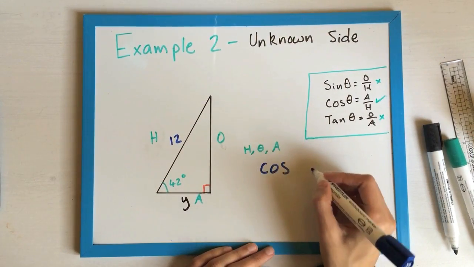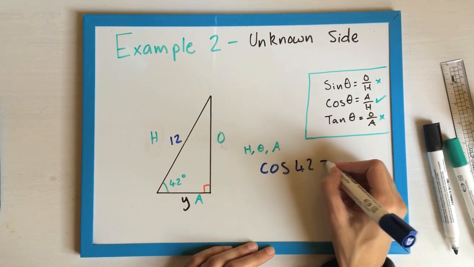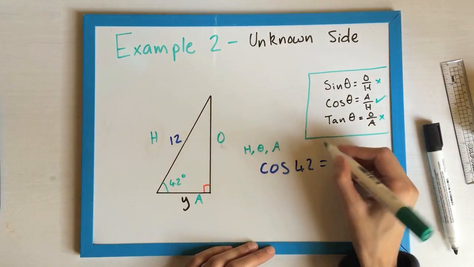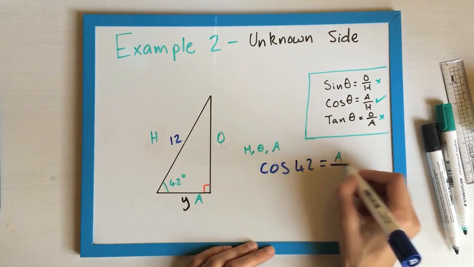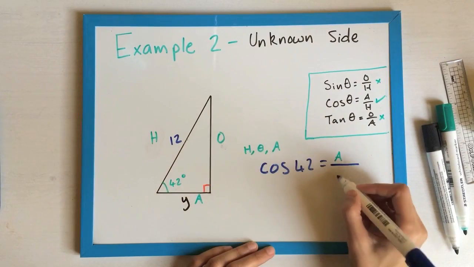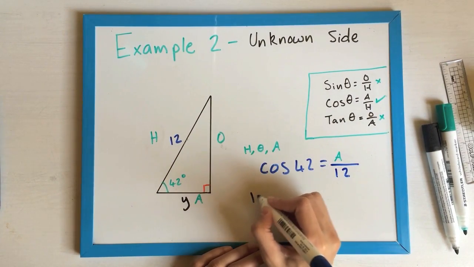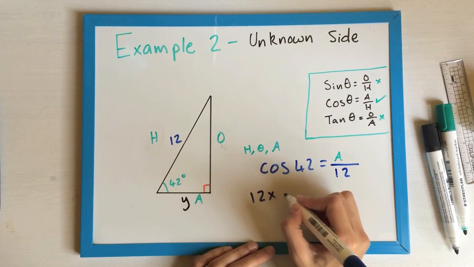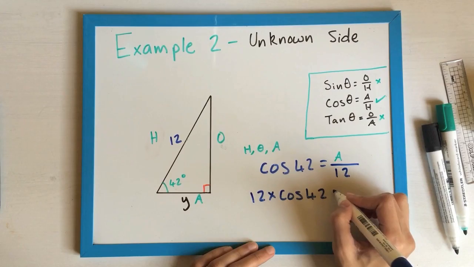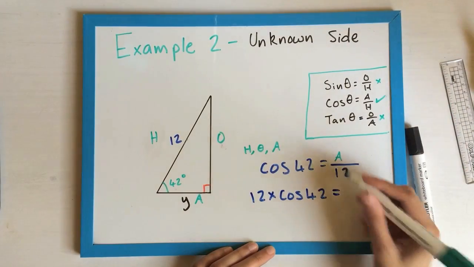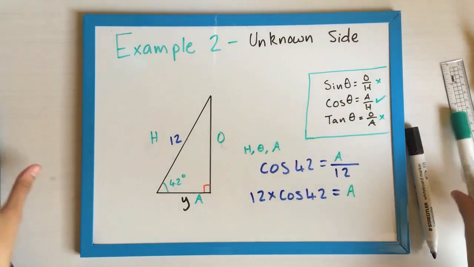Cos of our angle 42 is equal to our adjacent over our hypotenuse, which is 12. Rearranging this, we get 12 times cos of 42, and this will give us the value for our adjacent side.